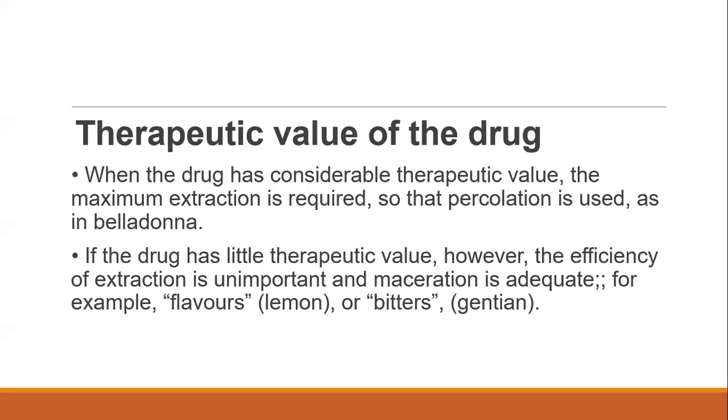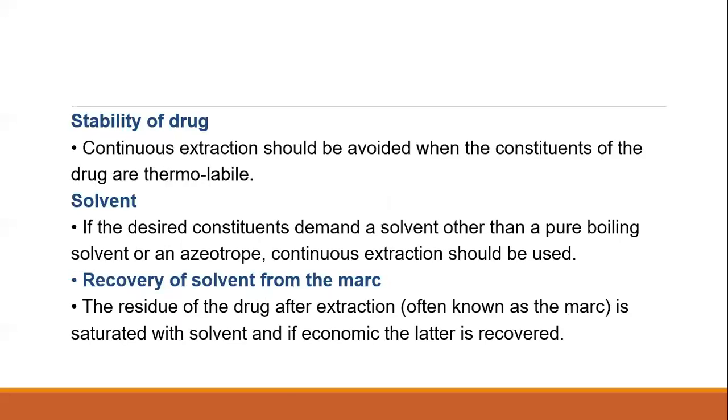If the drug has little therapeutic value, however, the efficiency of extraction is unimportant and maceration is adequate, for example flavors like lemon or bitters, gentian. If you are extracting only flavor, then maceration can be done.